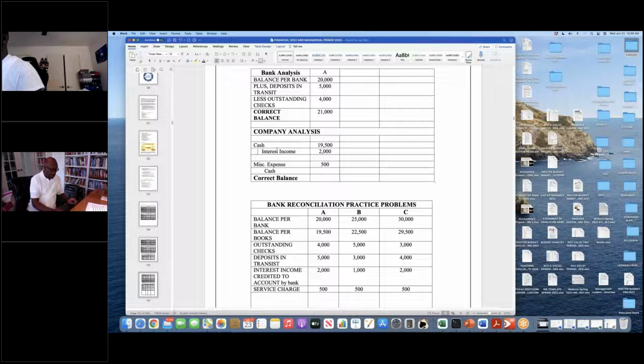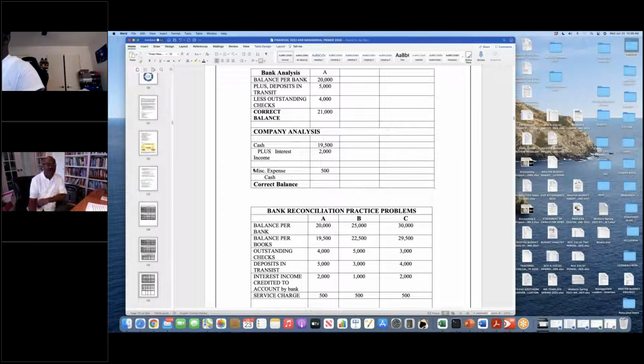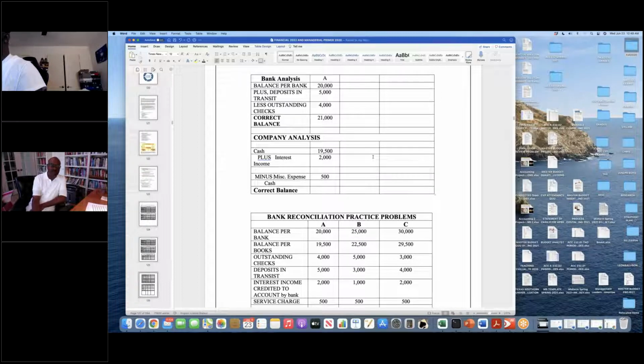So this is a plus and this is a minus. If we do that, what amount do we come up with as the correct balance on the company analysis? 21,000.